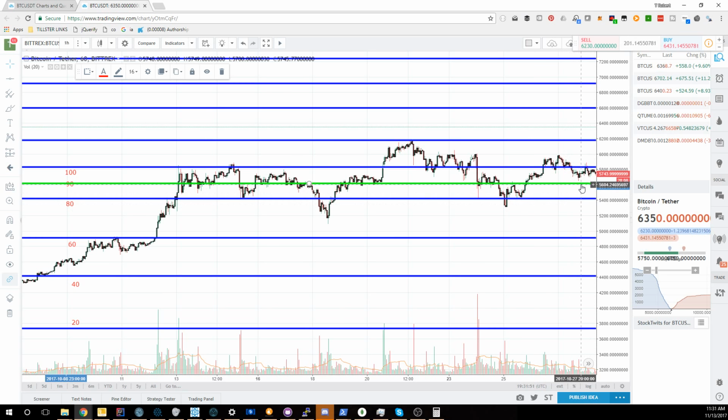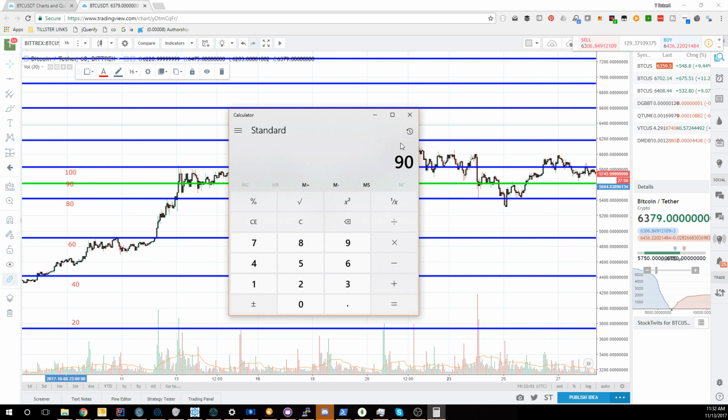Now let's say that the market goes from $80 back up to 100. If I sell 2 Bitcoins at $100, and each Bitcoin is worth $90, $90 times 2 is $180, but I'm selling them for $100 a piece. $100 times 2 is $200. $200 minus $180 is $20 in profit.